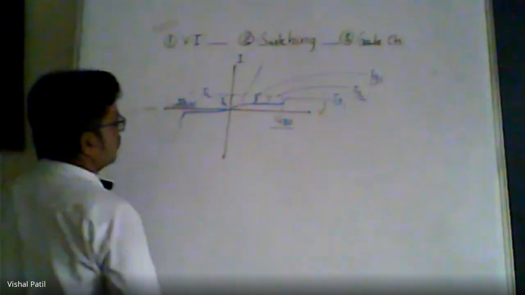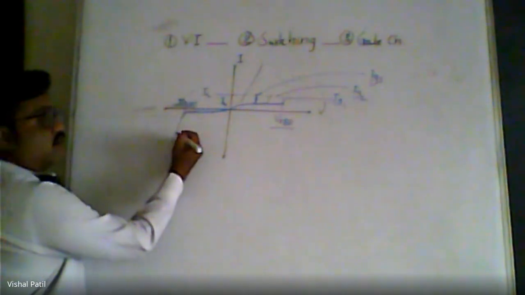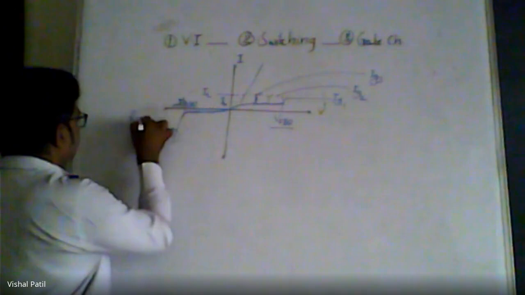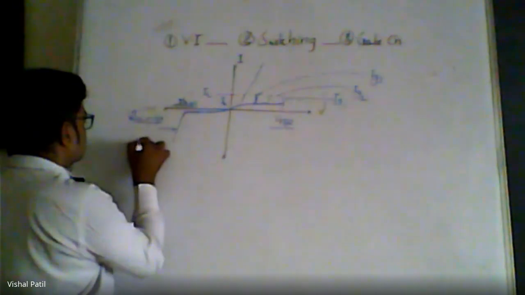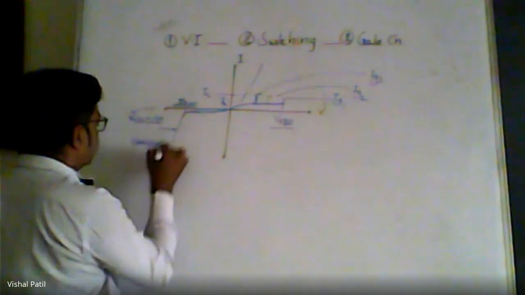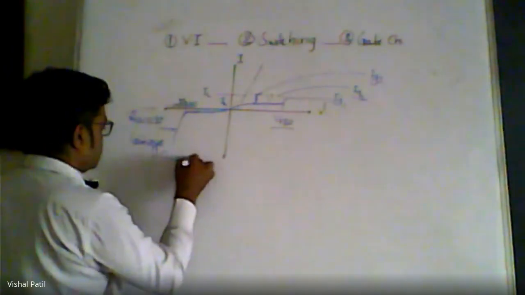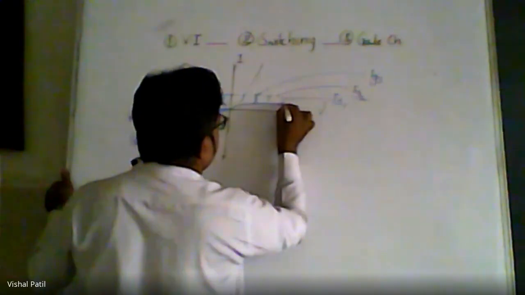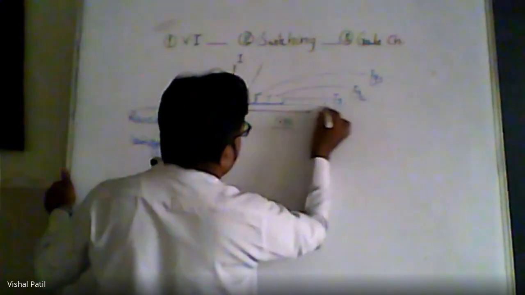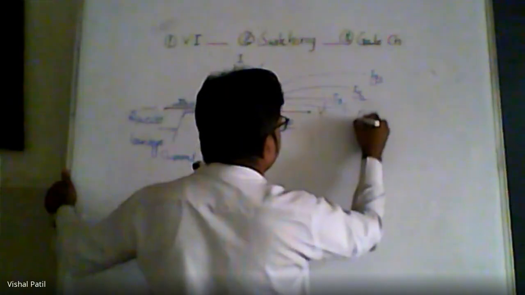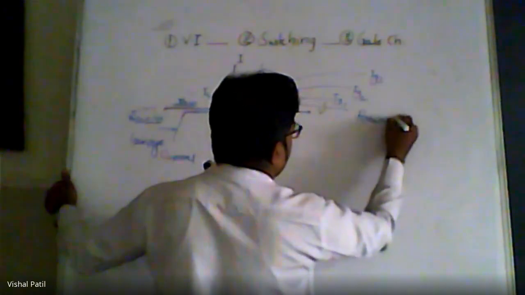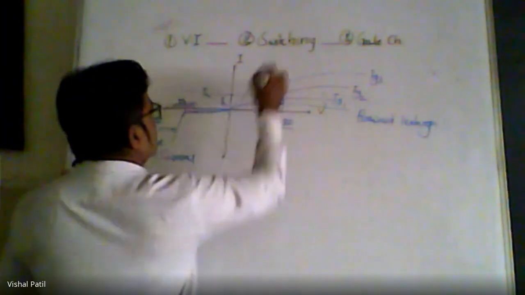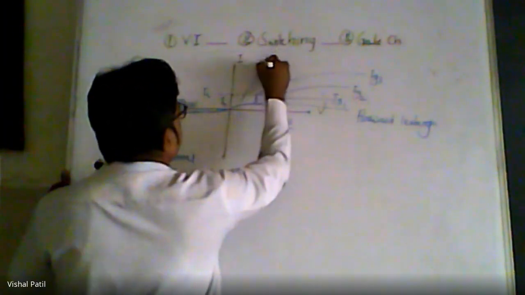Okay, we know we get the reverse current in the third quadrant. So this is reverse leakage current. And this part, up to here, we get forward leakage current. And this is actually the forward current, which is expected.